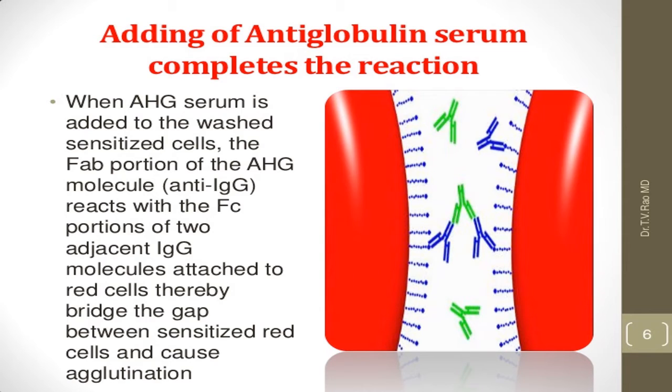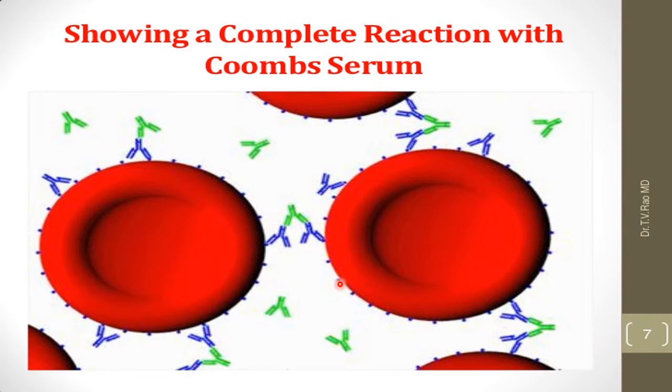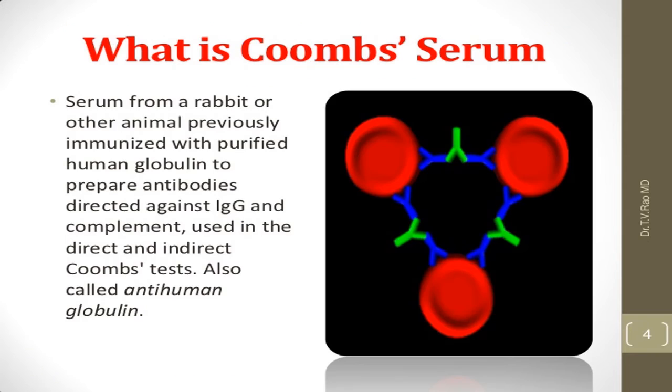In the slide you can see the red cell coated with the antibody, which we call a sensitized red cell, and the green antibody is the Coombs sera, which bridges the sensitized red blood cells.